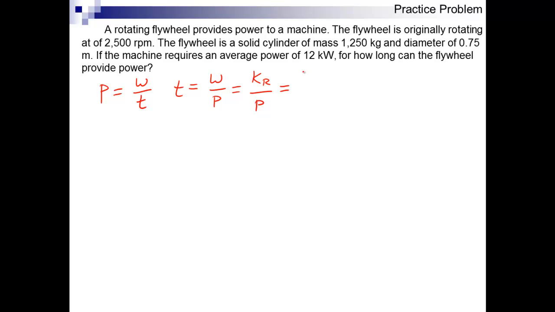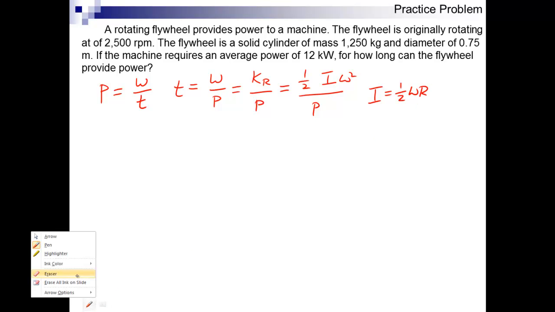The rotational kinetic energy is 1/2 I omega squared divided by the power, where the I, because this is going to be treated as a solid disk or solid cylinder, is equal to 1/2 mr squared.